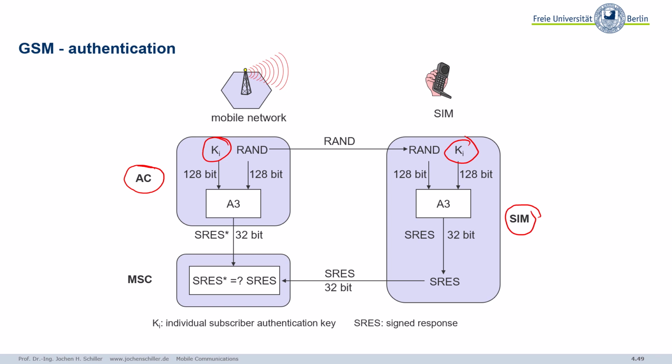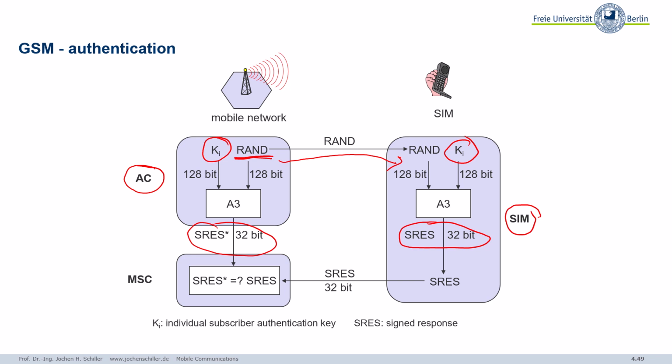For authentication, the authentication center sends a random number over the air to your SIM. Everyone can read the random number. Now both sides, the authentication center and the SIM, use the algorithm A3, take the key KI and the random number, and calculate a so-called signed response on both sides.